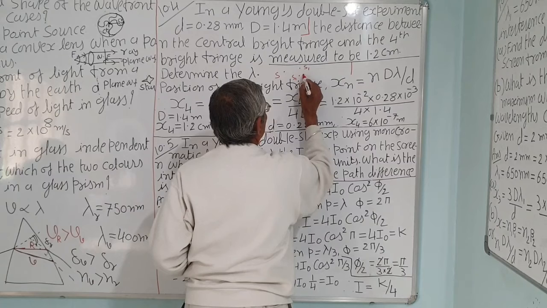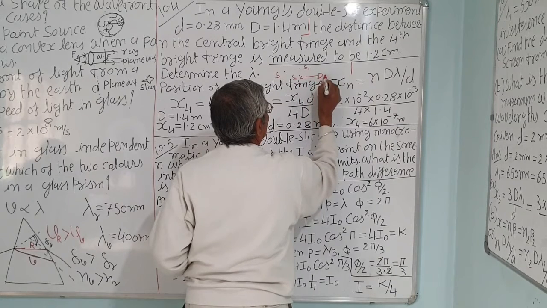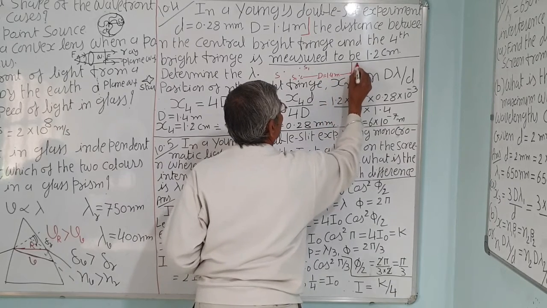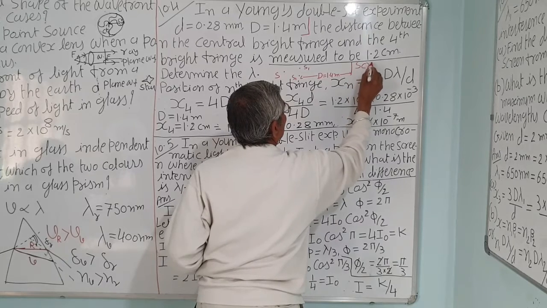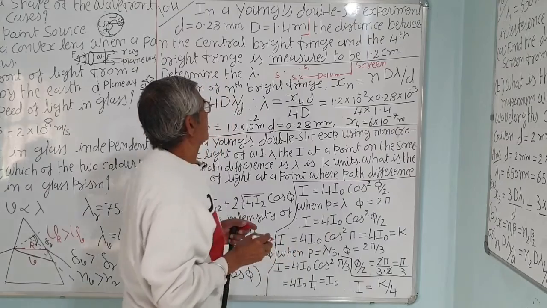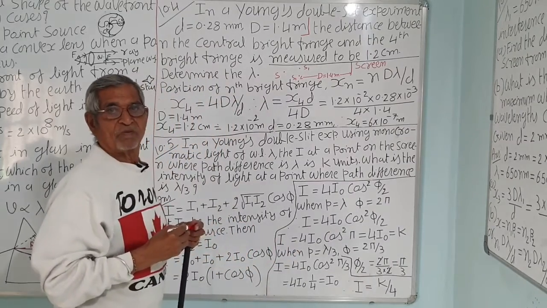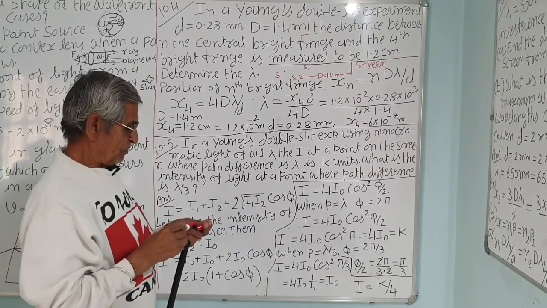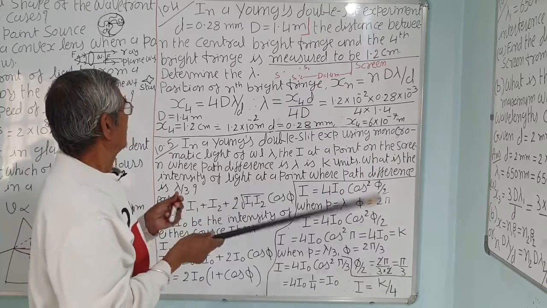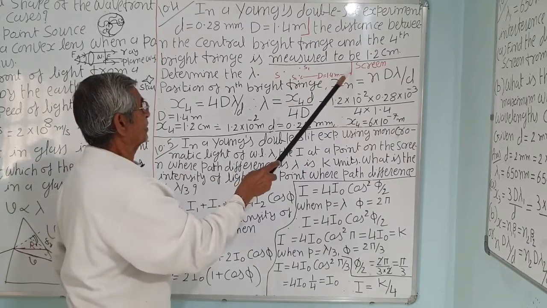This distance is capital D, and that is equal to 1.4 meter. This is the screen. Correct? The D is very, very large in comparison with the small d. Correct? Otherwise you won't get the fringes.